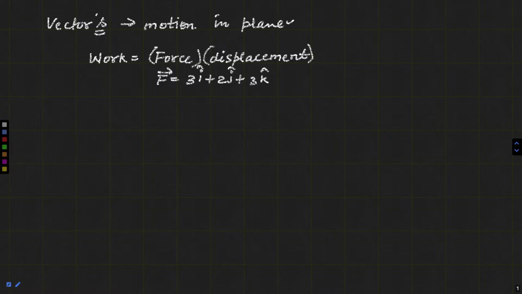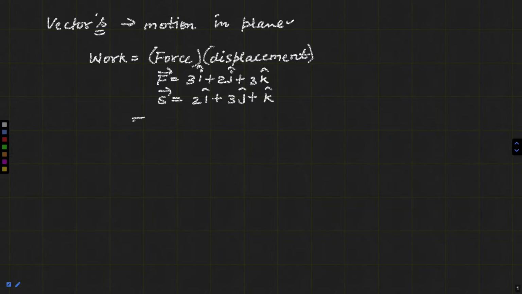So this is the value of force, and the displacement S is equal to 2 i cap plus 3 j cap plus k cap. So in that case, what will be the work done?